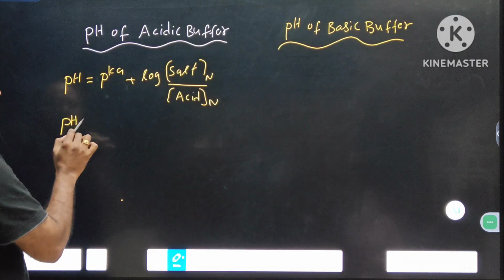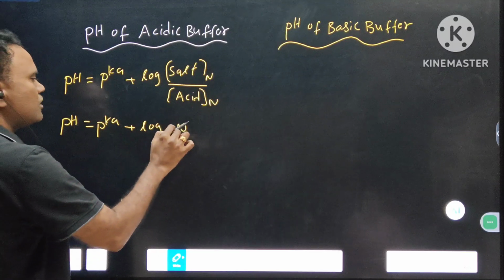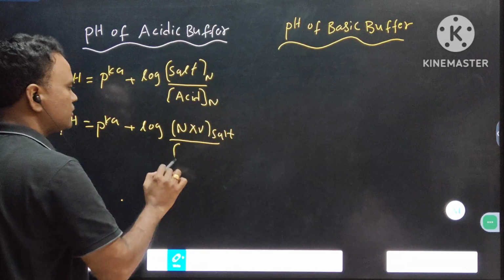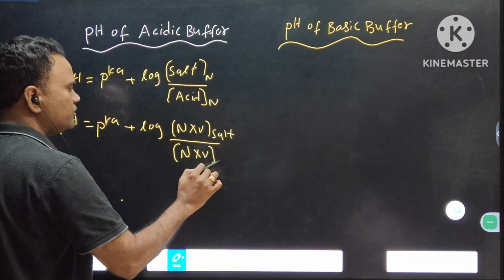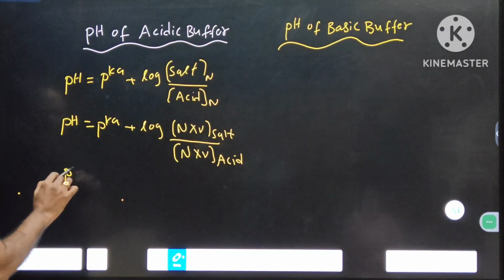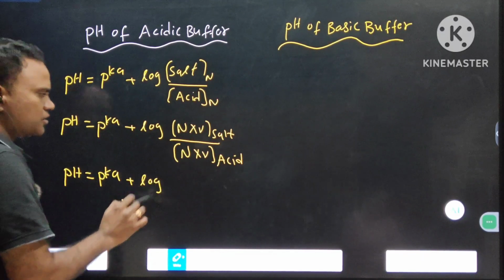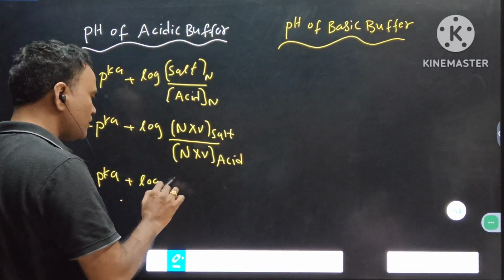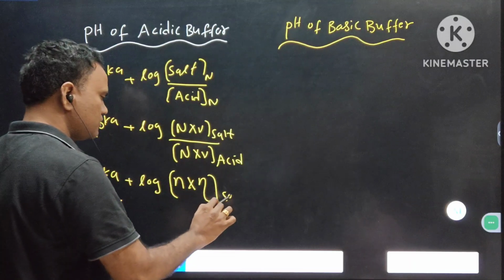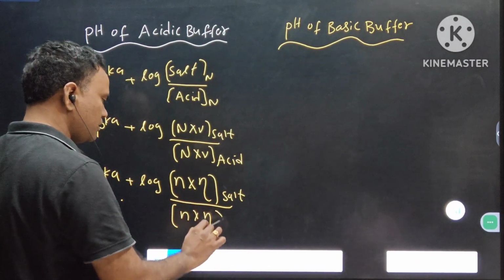or pH is equal to pKa plus log of normality into volume of salt divided by normality into volume of acid, or another formula: pH is equal to pKa plus log of number of moles into n factor of salt divided by number of moles into n factor of acid.